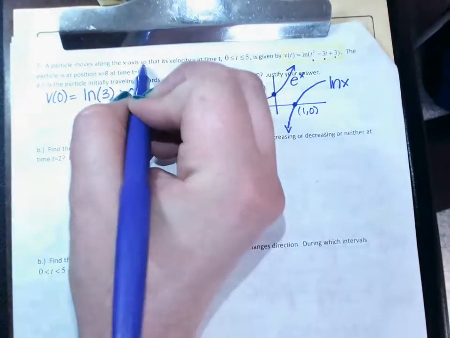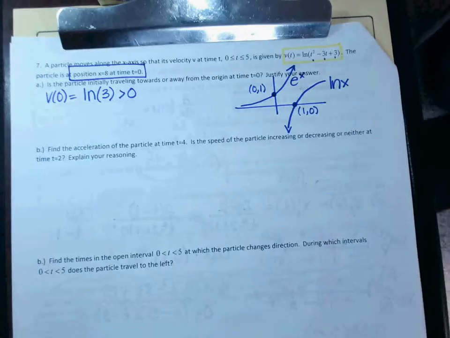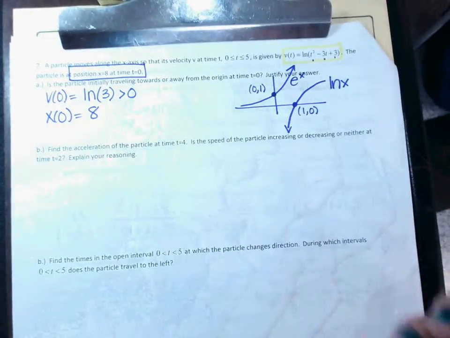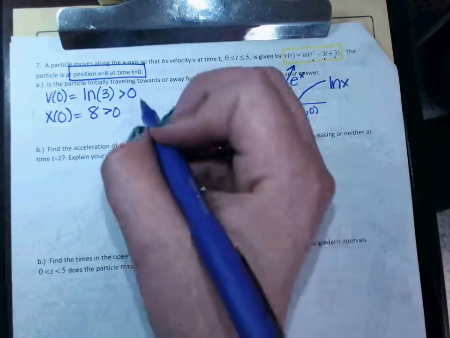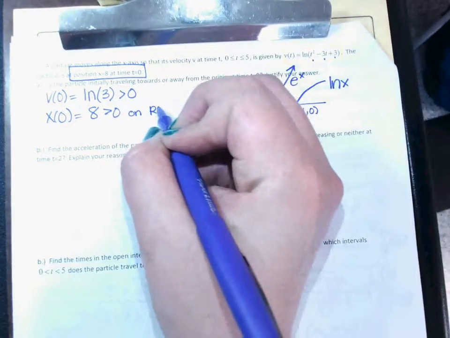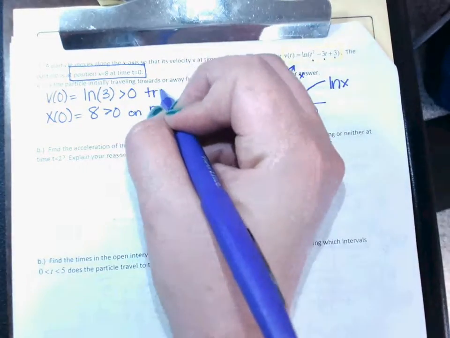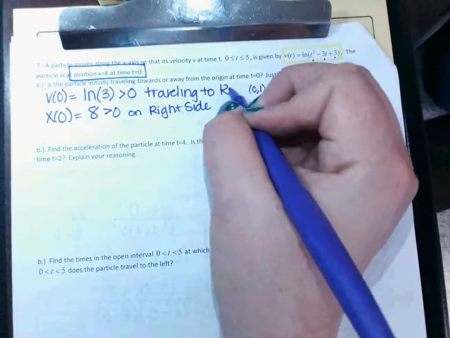What else do we need to know? I just boxed it for you. Okay, the position at 0 is what? 8, which is positive. So that means that my particle is on the right side and it's traveling to the right. So what's our conclusion?